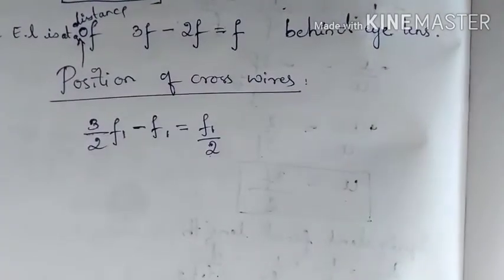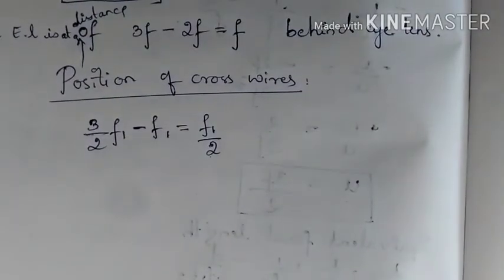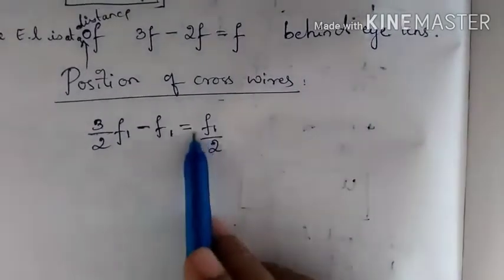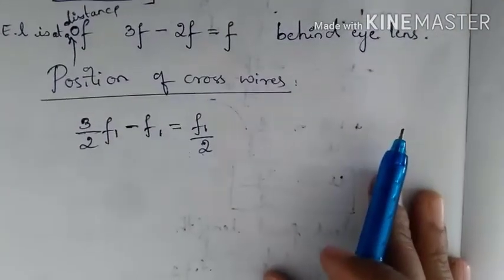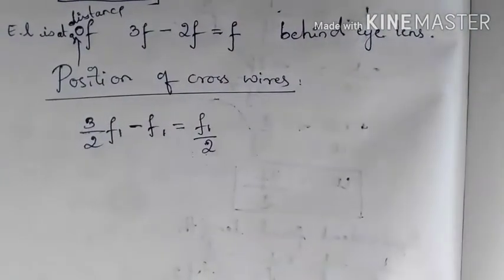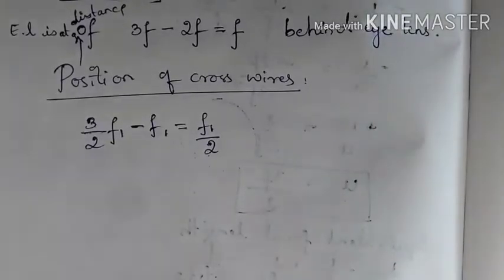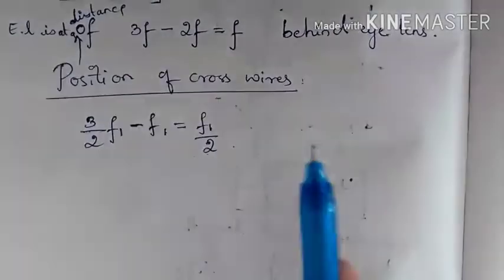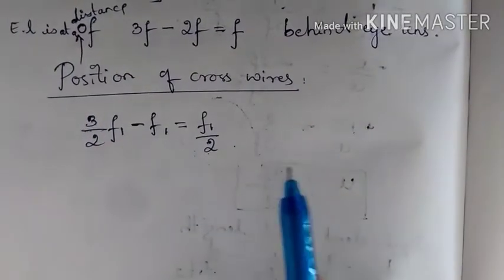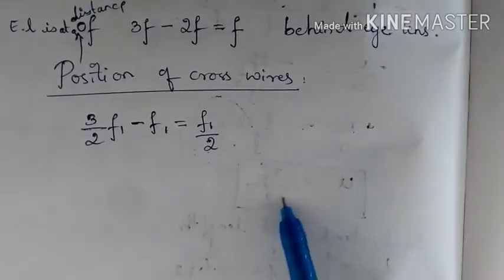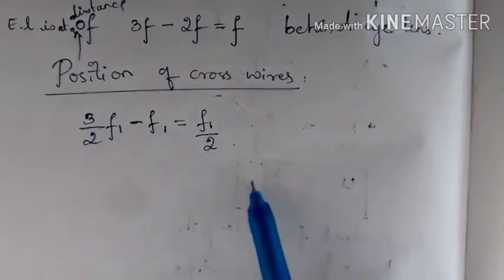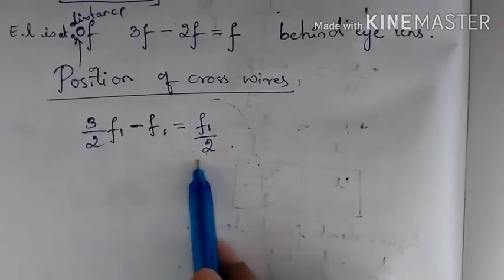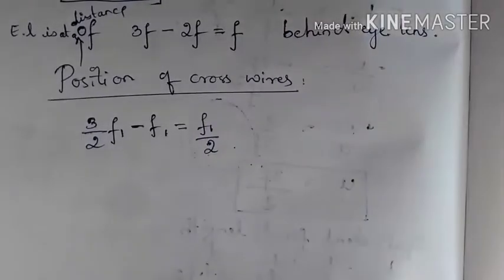So this is the first principal focus of the equivalent lens, and this is in front of the eye lens. So this is at the position where the image of the objective lens must be formed, such that the final image after refraction from the eye lens can be formed at infinity. So if you want the final image to be formed at infinity, then the image of the objective lens should be at this position.